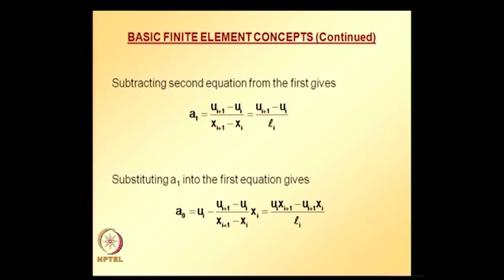And now you determine what a naught and a1 are. What you can do is substitute these coefficients a naught and a1 back into the linear trial solution that we started out with, and then do some mathematical manipulation so that you bring the terms having coefficients ui and ui plus 1 separately.